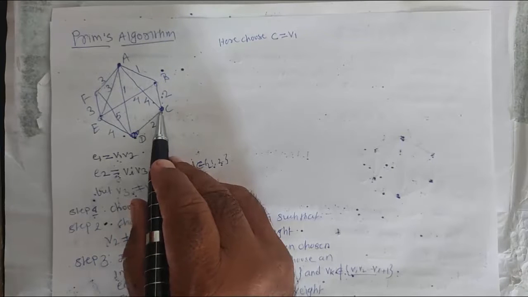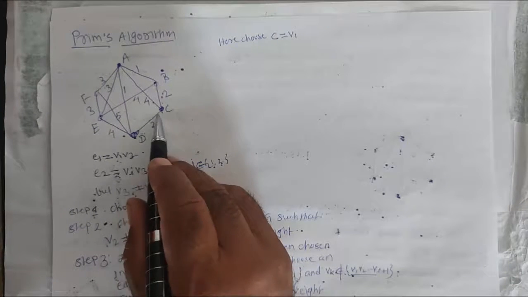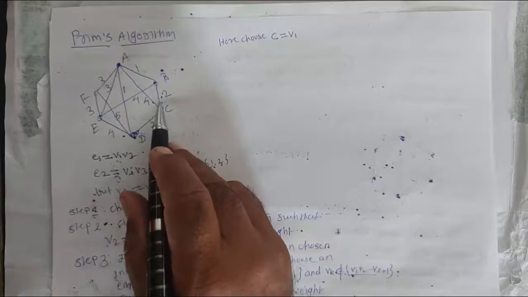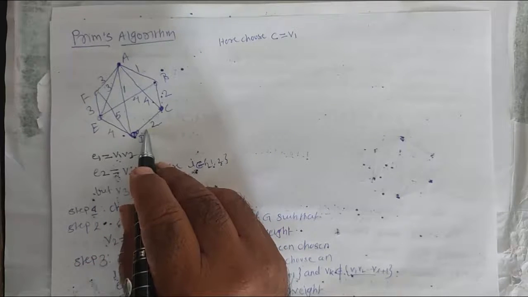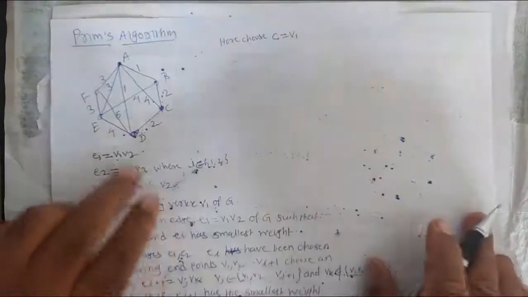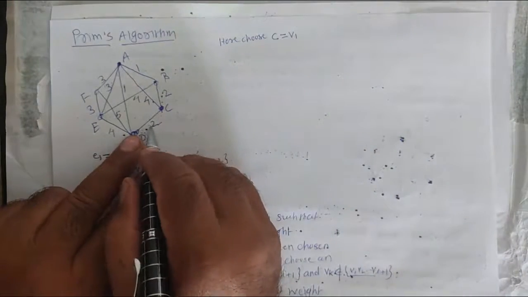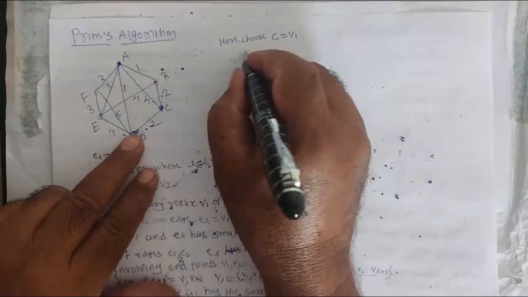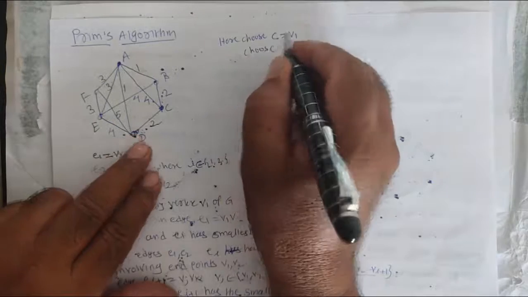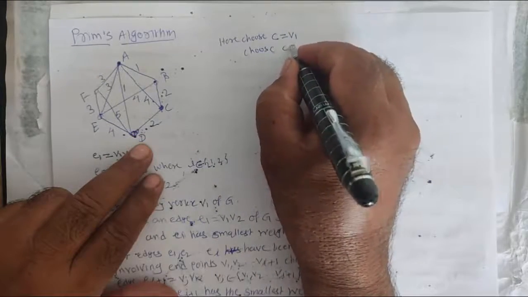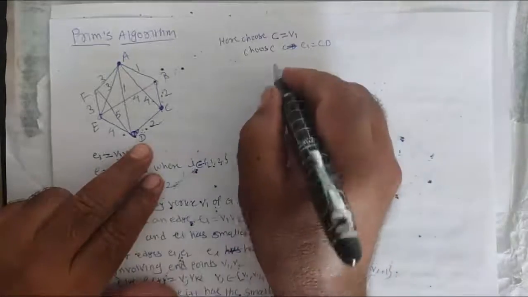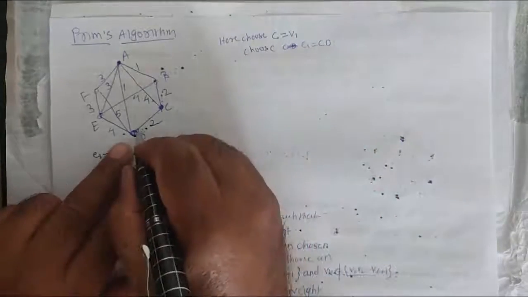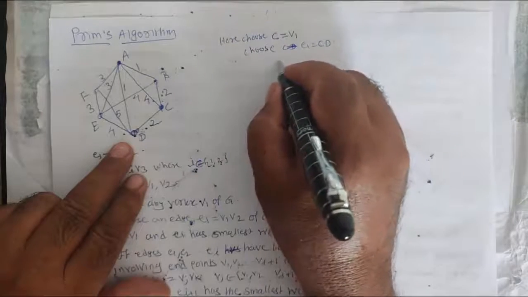But these two are minimum weighted. These two are minimum, take any one. That means choose this edge CD. E1 is equal to CD.